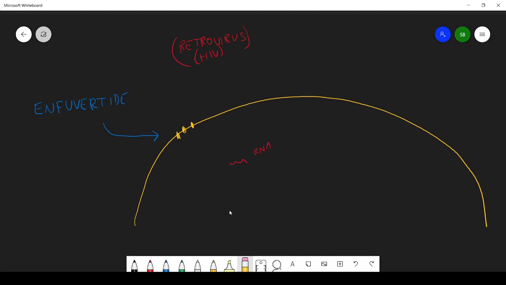Because this is a retrovirus, it's somehow got to make DNA from that, and it usually does it through reverse transcriptase.